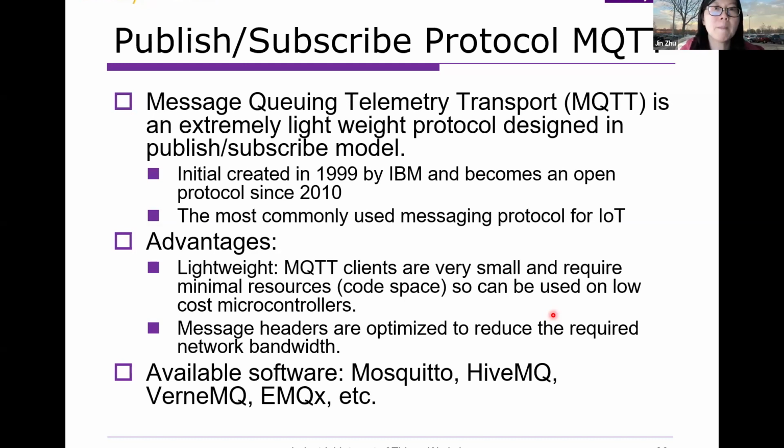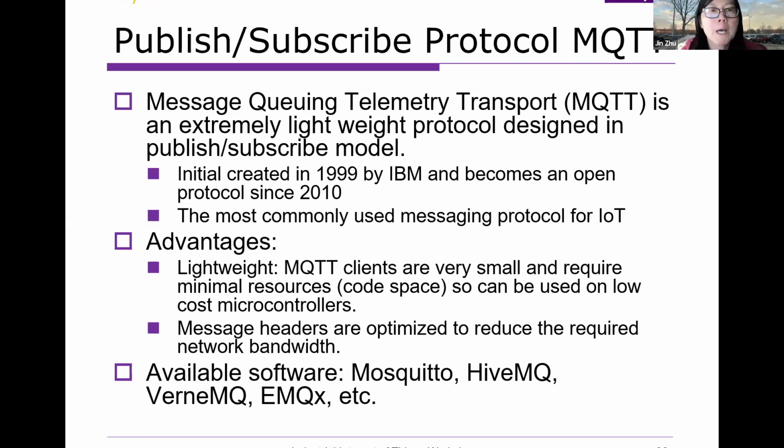The good thing about MQTT, and why it is widely used for the IoT, is that it is really lightweight. It only requires minimal resources on the devices, which is very good for IoT applications. There are many different software packages that support the MQTT protocol.